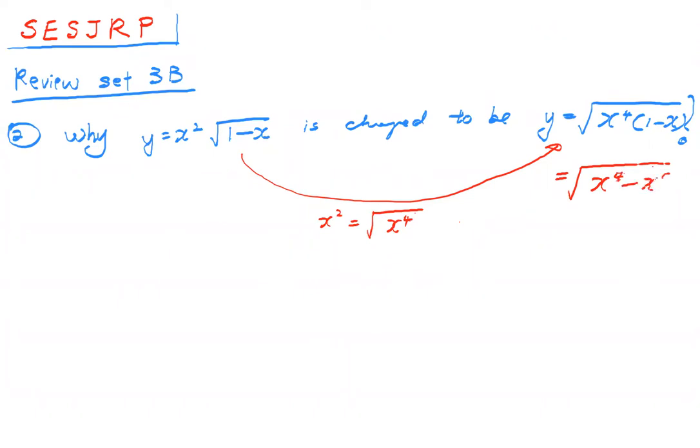Correct? I have this, so that when I differentiate this, I just need to use chain rule. Correct? If this one, I have to use product rule.